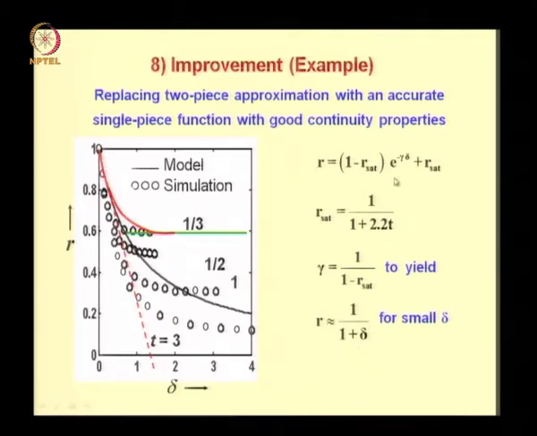So this empirical expression which we have conceived will match with the segment of our model for small values of delta if you assume gamma equal to 1 by 1 minus r sat. This is left to you as an assignment. Now you see that even after we have got this single piece function, it is not entirely accurate, because you find that this single piece function is overestimating the resistance as compared to the accurate simulation results for small values of delta.